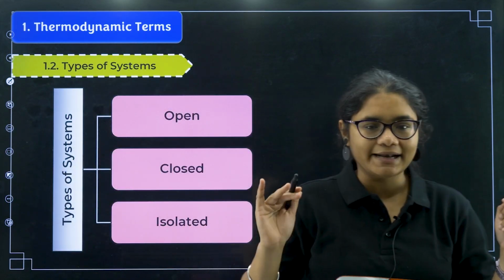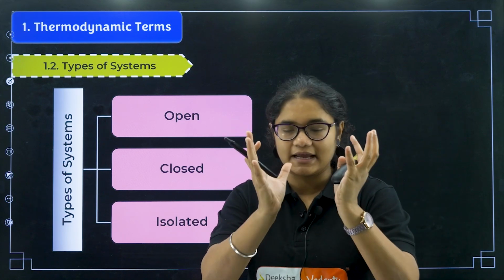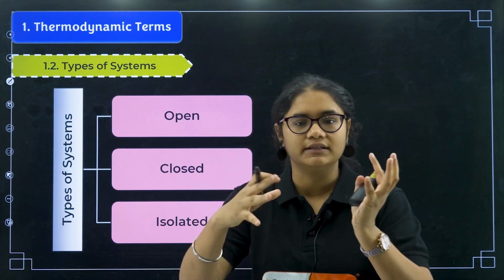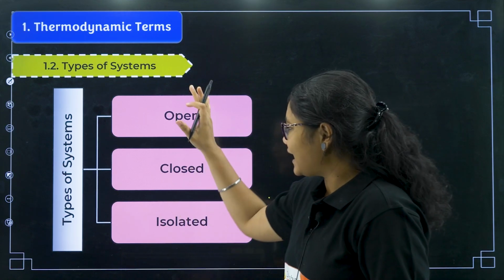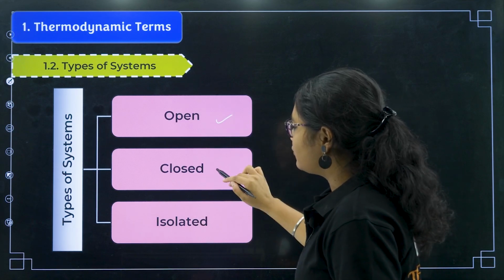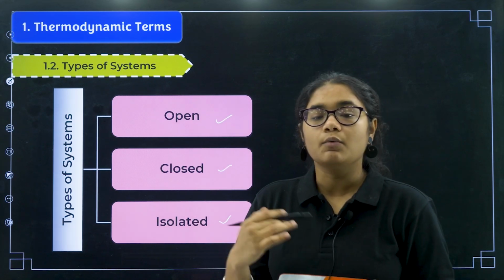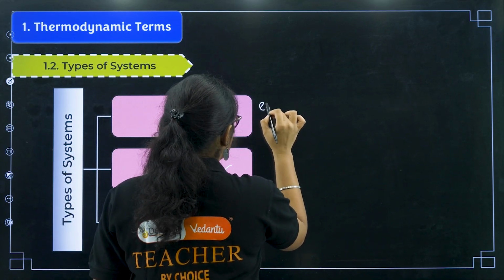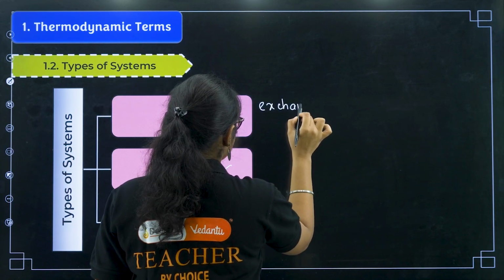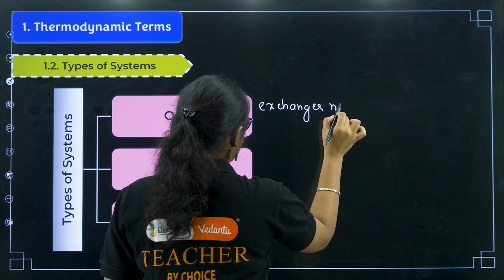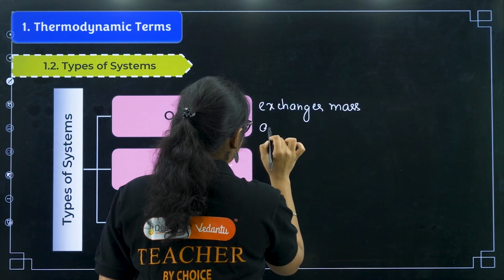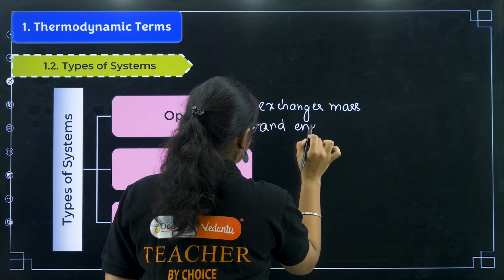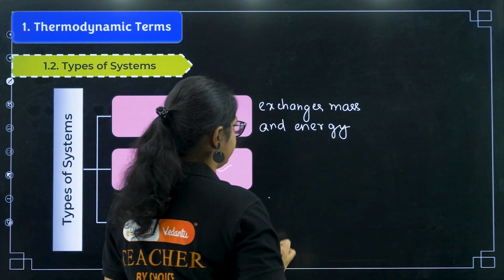We have 3 types of system: open, closed, and isolated. What do you mean by open system? Open system means where you can exchange mass and energy, both.